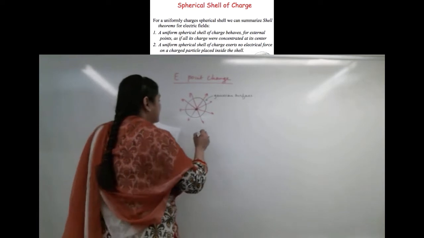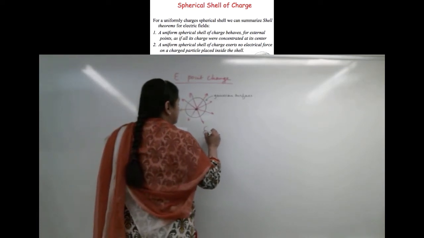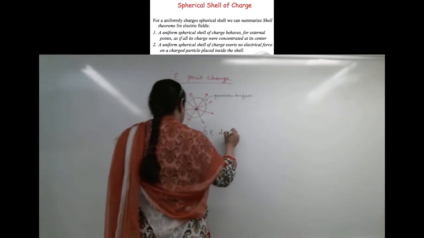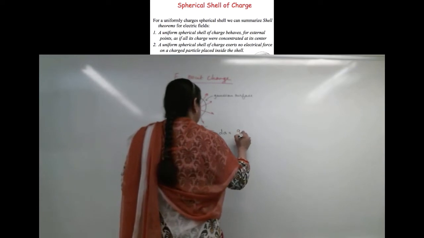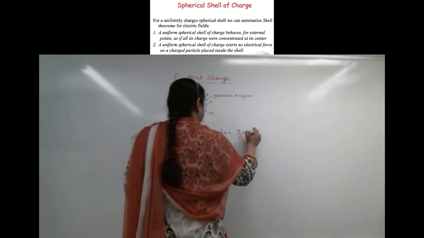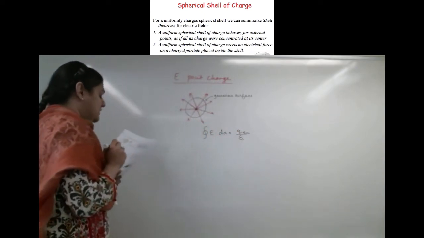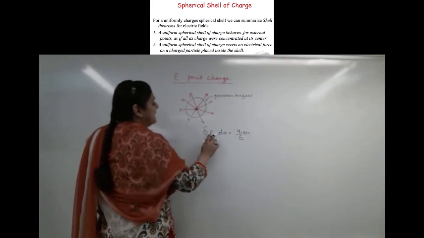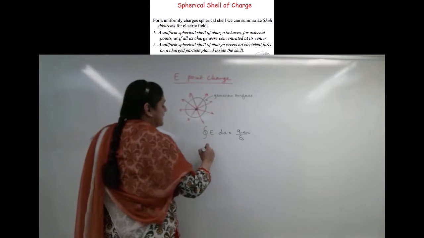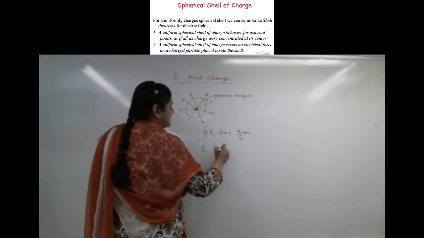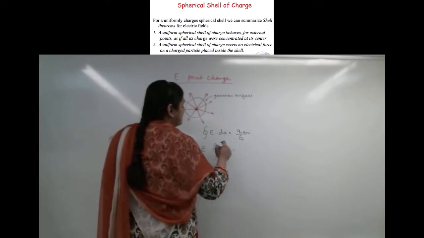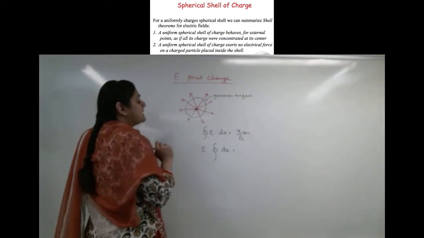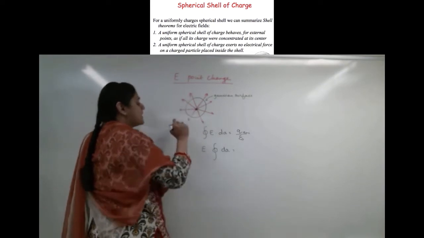I know that Gauss's law says the integral of E dot dA is equal to Q enclosed over epsilon naught. My chosen Gaussian surface allows me to take E out of the integral, because E is uniform and constant over this Gaussian surface.